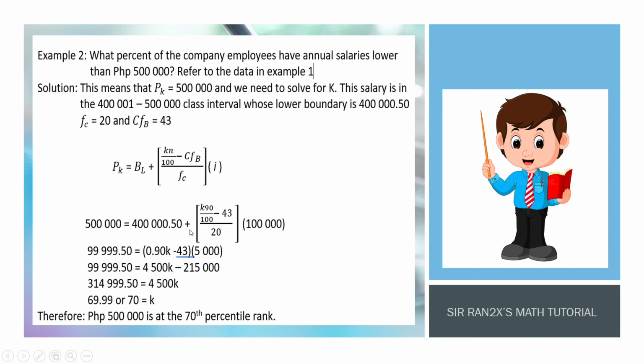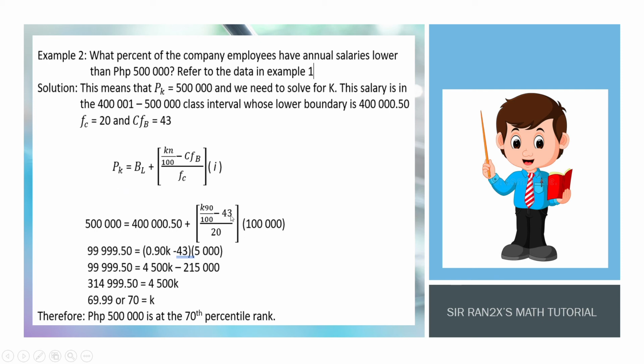400,000.50 plus the quantity of k times 90. Why is k not being replaced yet by a number? Because this is what is asked, the percentile rank, what percent. So we just copy k times 90, where 90 is our n, the number of employees, over 100, because that's in the formula for the percentile.